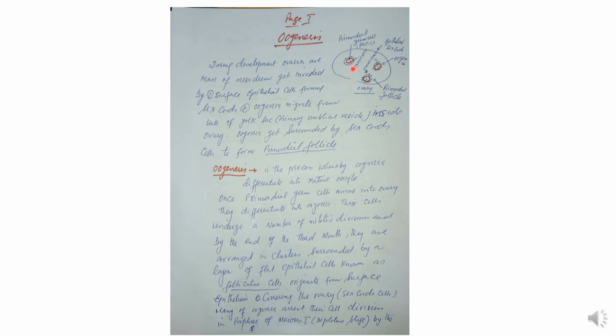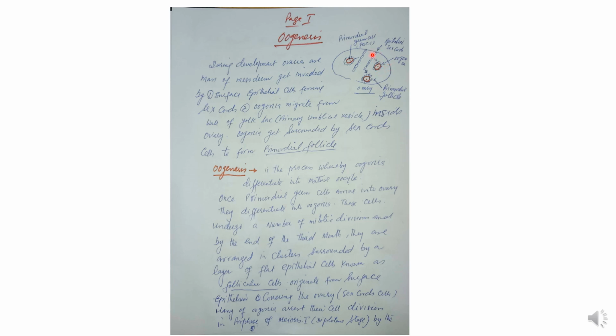Now when the oogonia enter the ovary, the cells of the sex cords start surrounding them. These cords break up and start surrounding the oogonia in this way, and they no longer remain as cords.